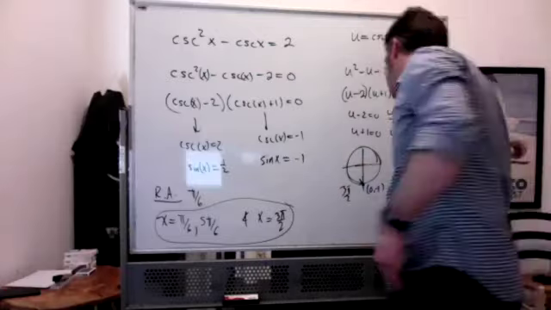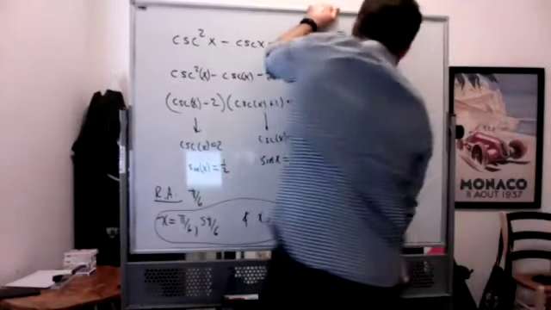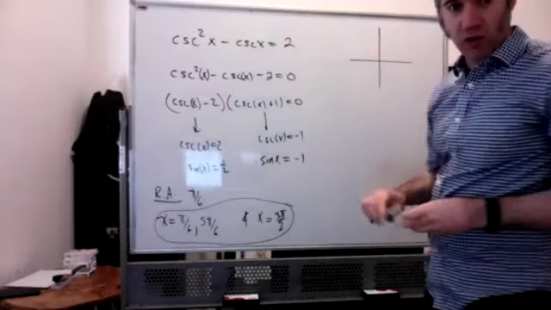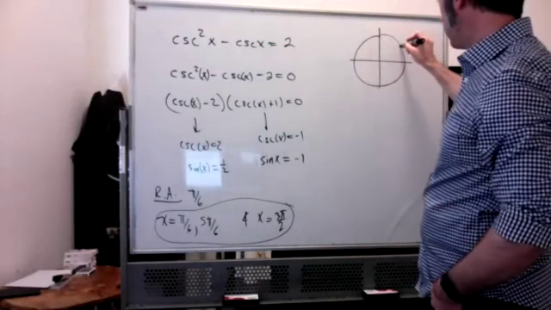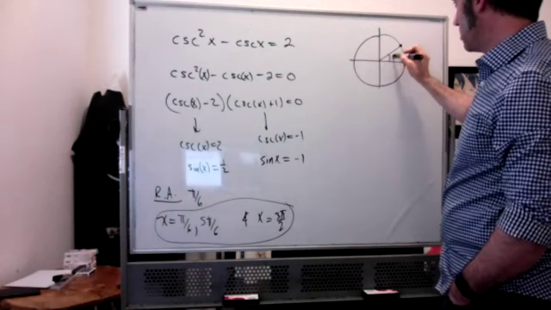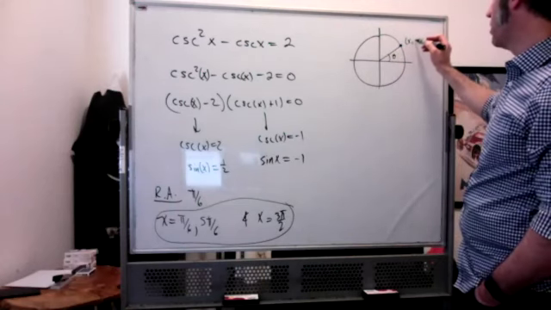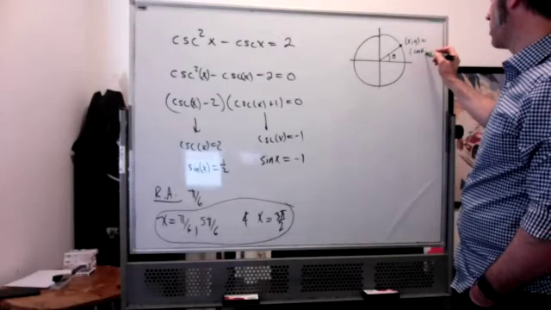So I'm using the fact that if your angle is theta, the point on the unit circle, which we sometimes call xy, is also equal to cosine theta, comma sine theta.